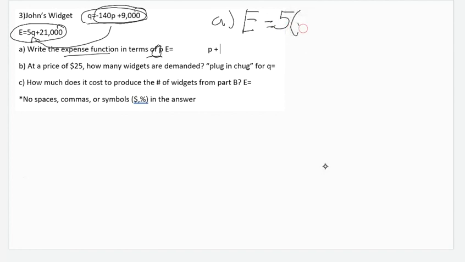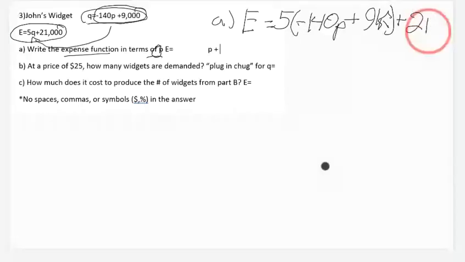Remember, keep track of the negative sign. So it's negative 140P plus 9,000, which I'm doing as a K, plus 21,000. Again, I'm doing it as a K.